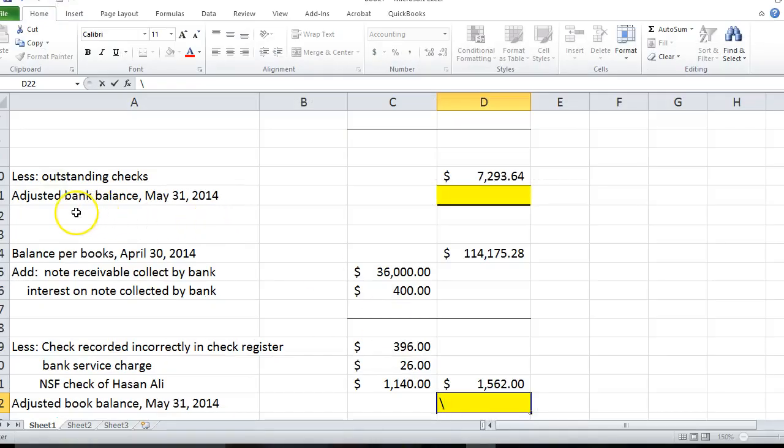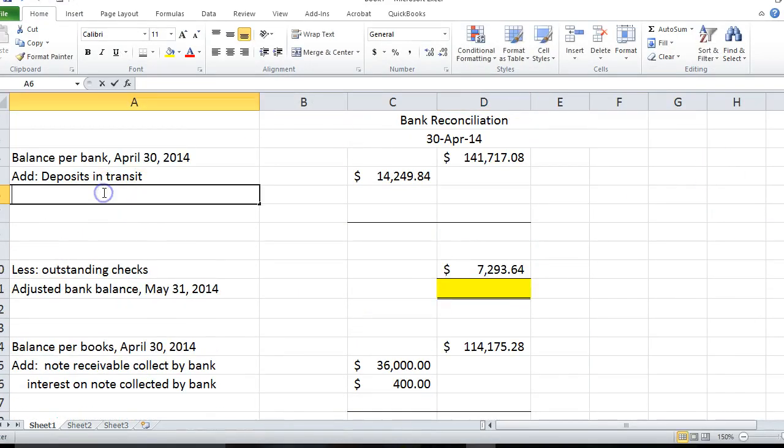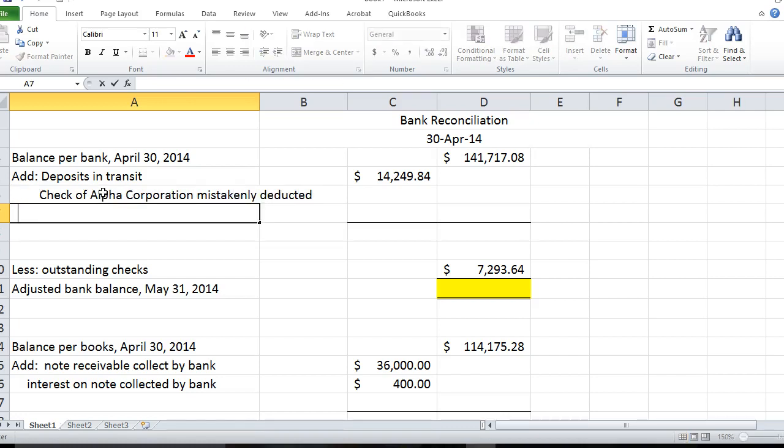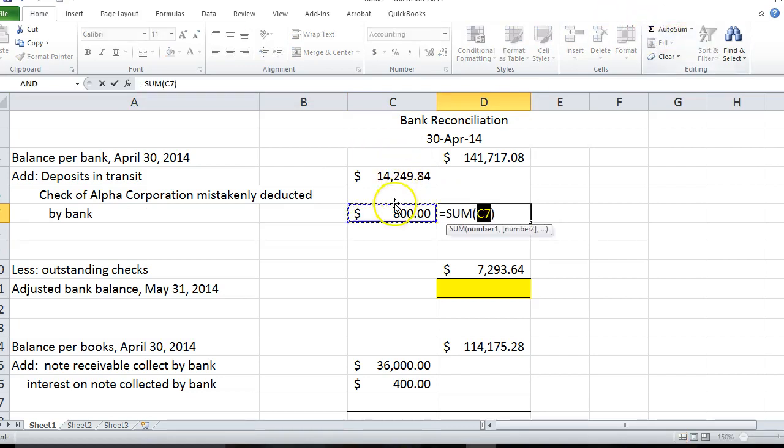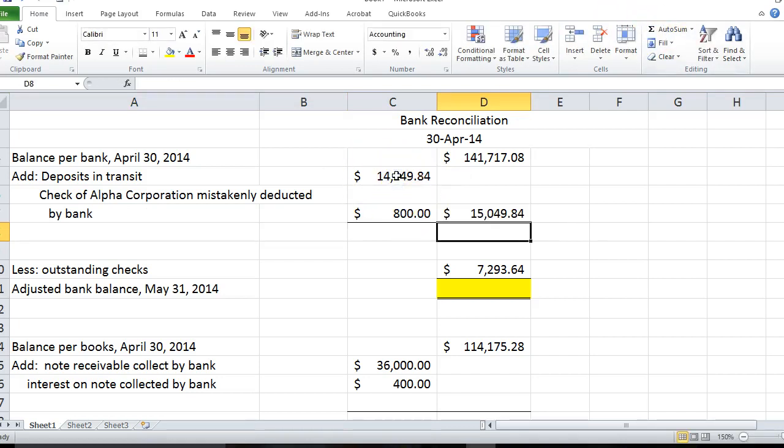So we're going to add back check of Alpha Corporation mistakenly deducted by the bank, $800. Right?